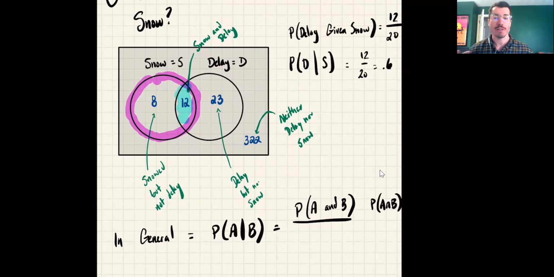That was the probability of B, or the number of times that B came up. So the probability of B. So that is, in short, our idea of conditional probability.